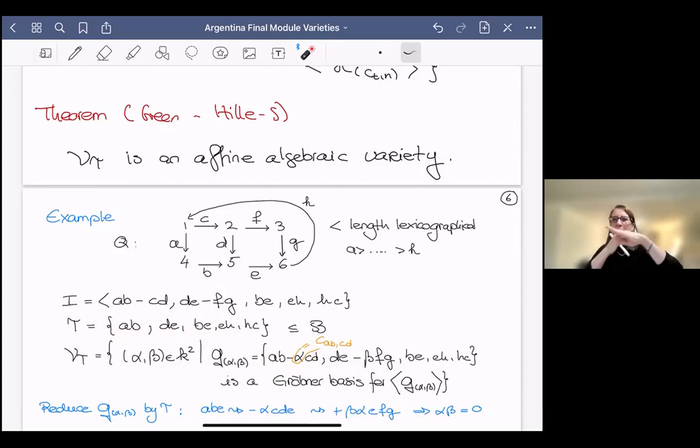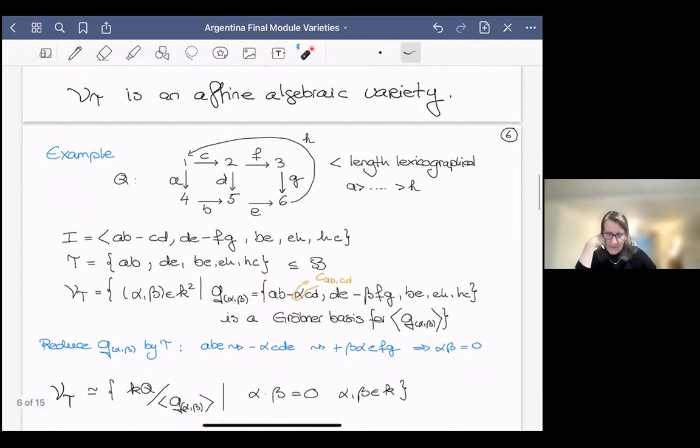And so we see that here the variety corresponds to all alpha beta such that alpha beta is equal to 0.